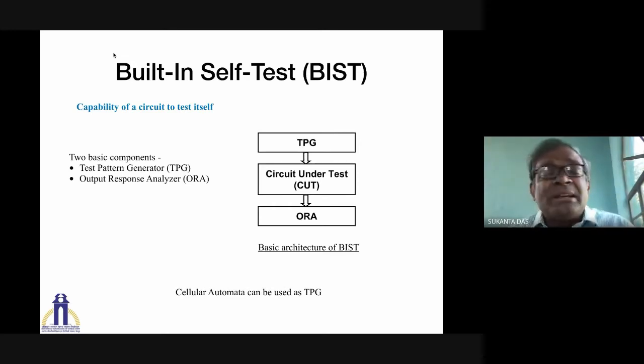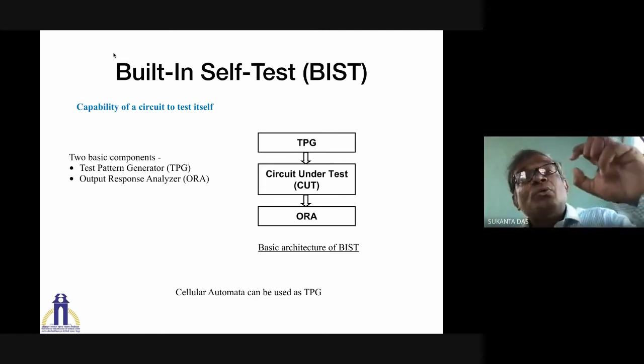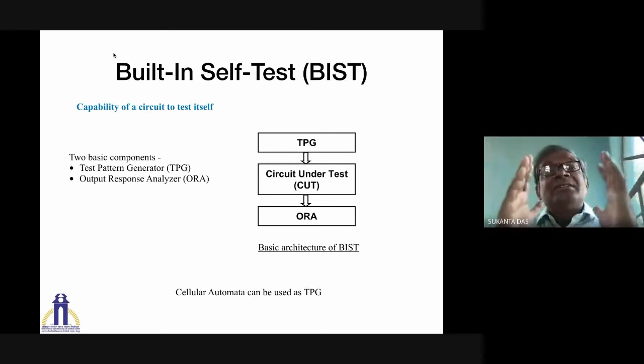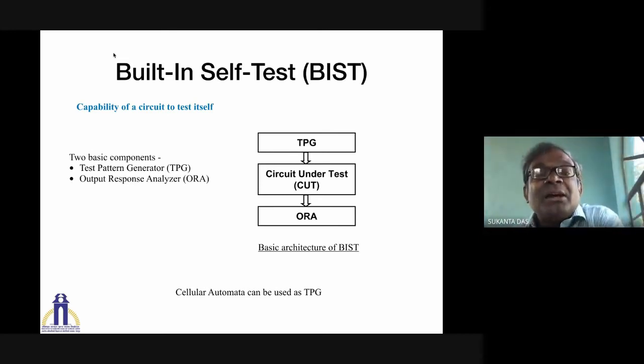Now this built-in self-test has to be very small. Its overhead should not be very high, right? Because it has no additional functionality. Some electronic circuit performs some task, but that small circuit which is used to test does not help in performing that task. What it does is just test whether it is correct or not.